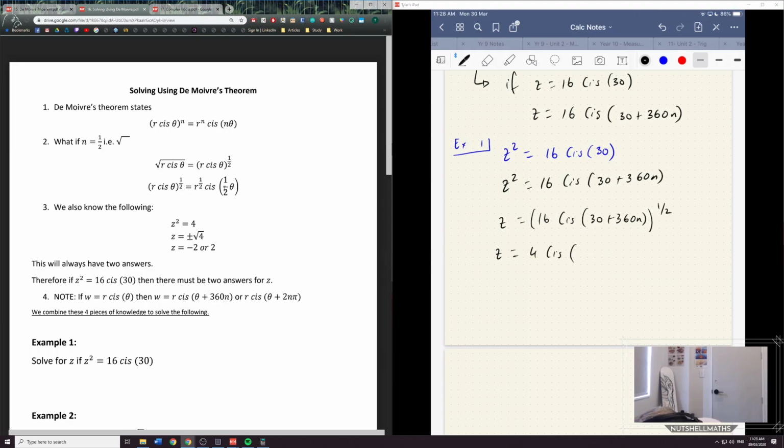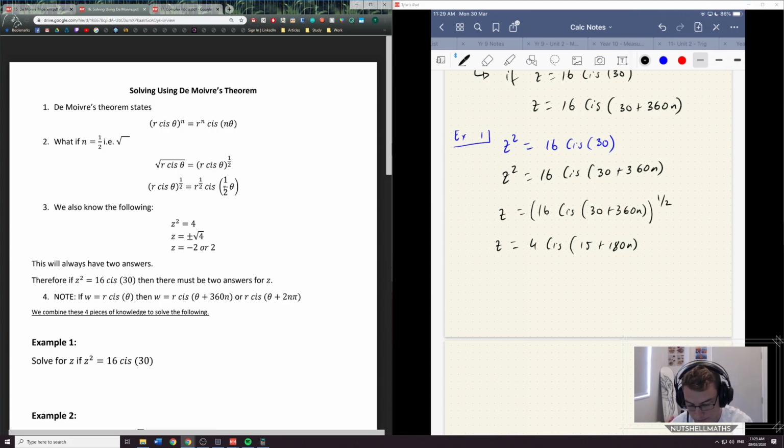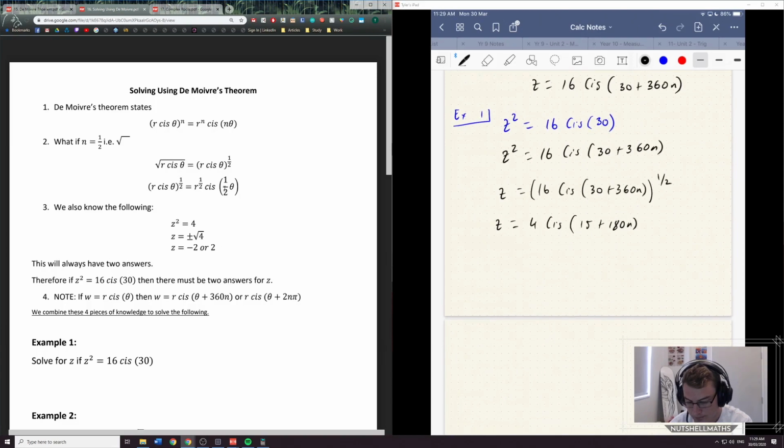And this piece becomes 15 plus the, we're going to half it, because we times this piece. 360 times a half is 180. Tell me if you're confused here. And now we've got a clever way to produce multiple answers, and that multiple answers depends on n, our loops.